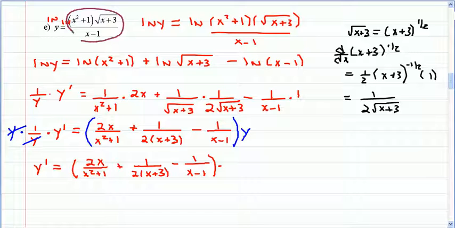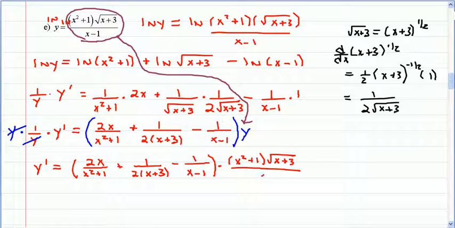So I take this entire fraction and substitute this in for y, so that I multiply this by x squared plus 1 times the square root of x plus 3 over x minus 1.